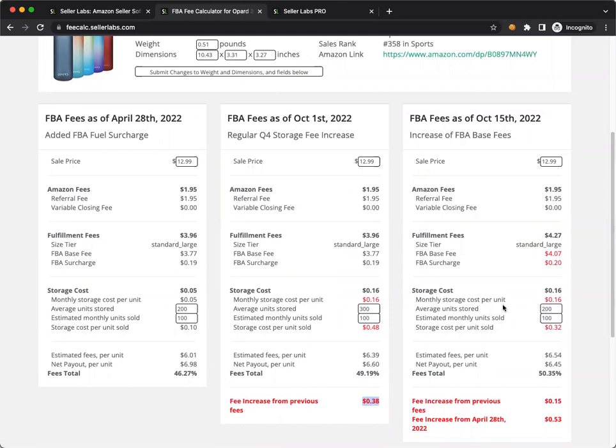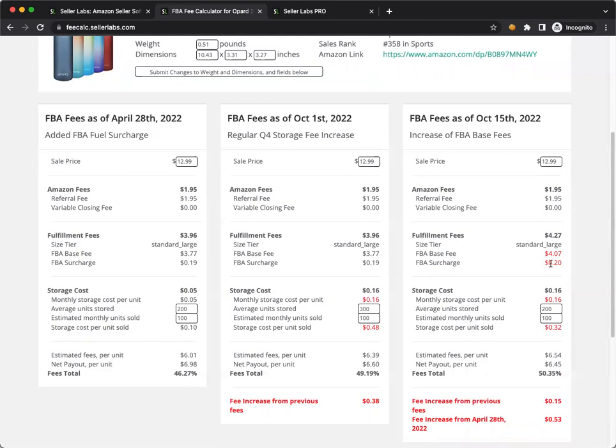And then to continue with that, Amazon has increasing labor costs and more fulfillment centers, so they're actually increasing this base FBA fee as well. So for this particular product, it's going from $3.77 to $4.07.